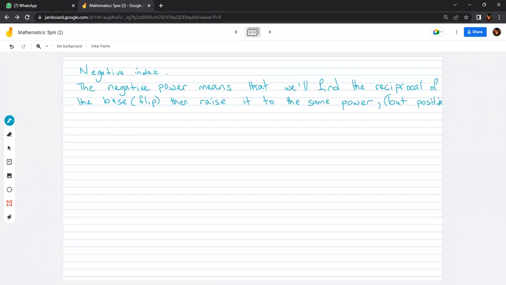So anytime you have a negative power, it means that you have to find the reciprocal of the base. So in this case, a is my base. a over 1 is what it actually means. The reciprocal of this will be the flip of it, so my reciprocal will be 1 over a.